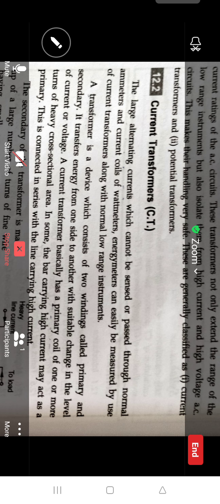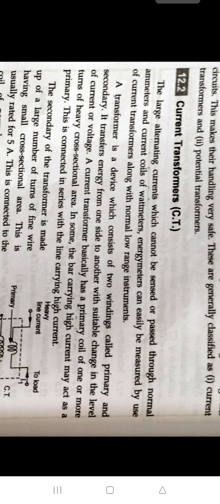We know that a transformer is a device which consists of two windings, primary and secondary. It transfers energy from one side to the other with a suitable change in the level of current or voltage. The current transformer changes the level of current, and the voltage transformer changes the level of voltage.